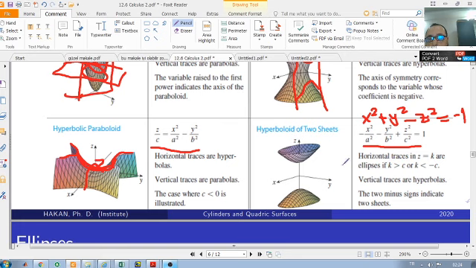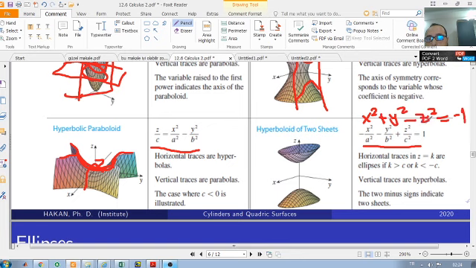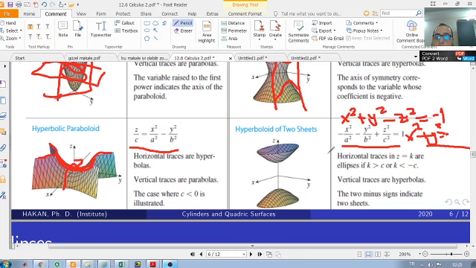So horizontal traces are ellipses. If you write any number for z bigger than the limit, and writing it to the right side, you get a positive number. Actually we have x squared plus y squared is equal to a number which is positive, so we obtain an equation of an ellipse.